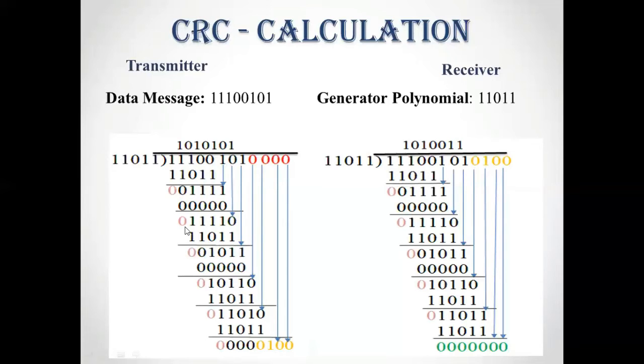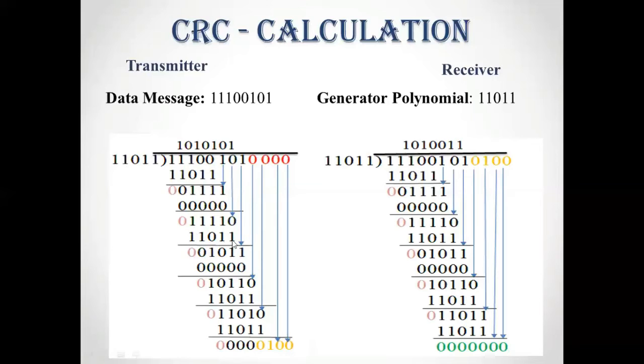Again we perform the XOR operation. The first bit is 0, so I discard it. Again we got 4 values, so I insert a bit here. This first bit is 1, and multiplying with the generator polynomial, I get 1 1 0 1 1. If I do the XOR operation, again the first bit is 0, so I discard this bit.